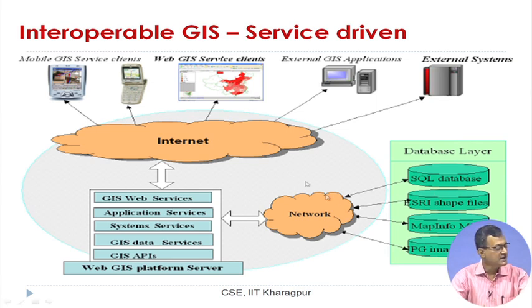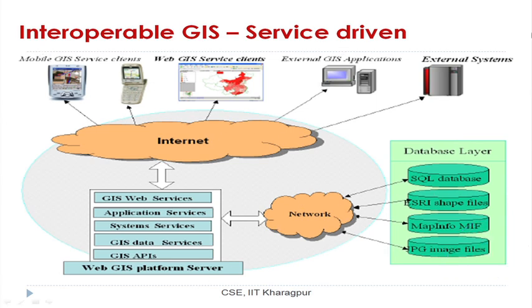So, in other words, there can be different ways of accessing the data, and different instances of repositories. What we harvest here is more of web services or spatial web services, which can take requests from here, talk to the backend databases and serve the data, right.